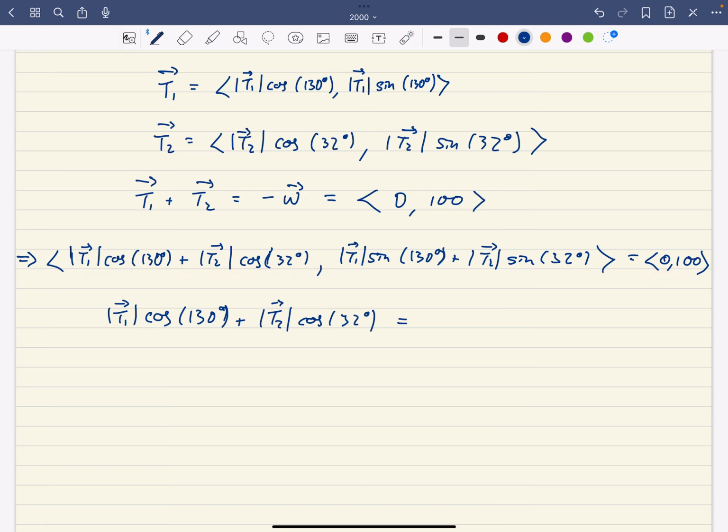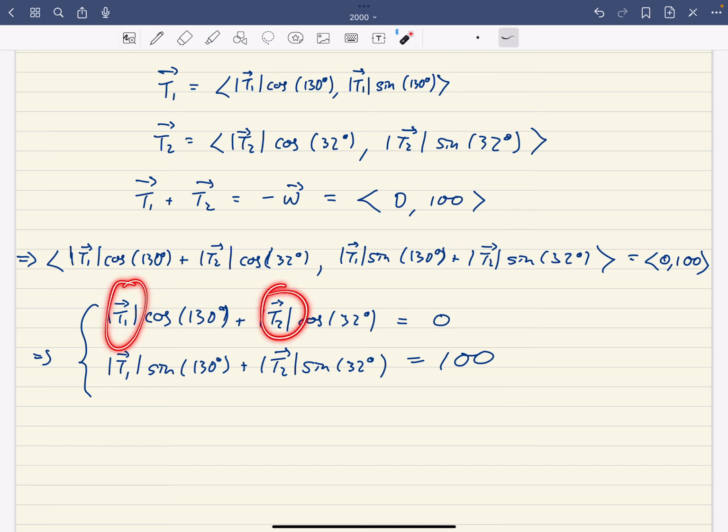So the first component should be 0, and the second component, the magnitude of T1 times sine of 130 plus the magnitude of T2 times sine of 32, should be equal to 100.